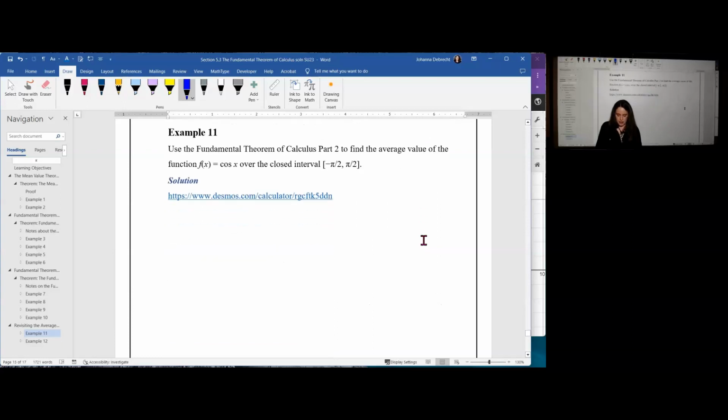We're going to use the Fundamental Theorem of Calculus Part 2 to find the average y value of the cosine function over the closed interval from negative pi over 2 to pi over 2. The first thing that we have to remember is what the formula is. The average y value is given by the reciprocal of the difference in the endpoints times the area between the curve and the independent axis.